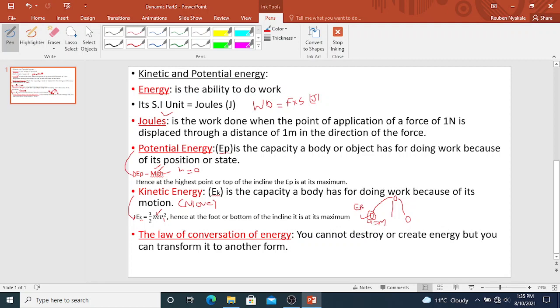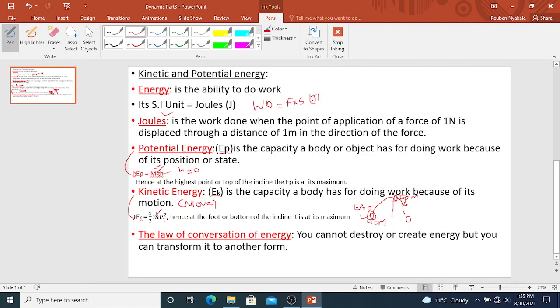Then as the stone leaves the thrower's hand, you can tell that the EP is gaining. Then EP there on top is maximum.